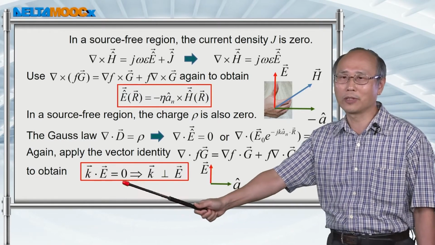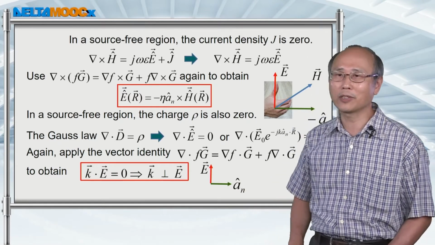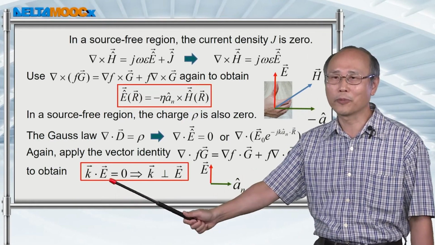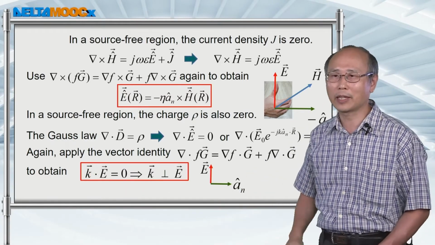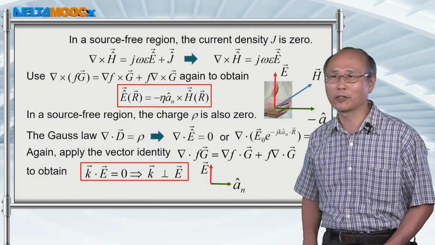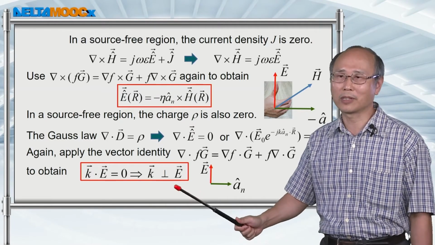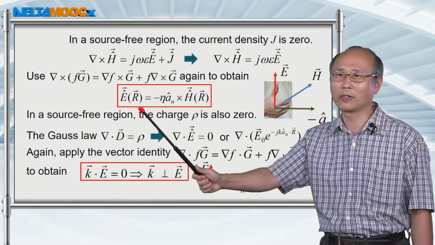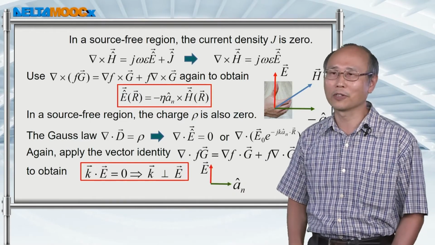This also tells you the directional relationship between k and E, because if you project k onto E, or project E onto k, you get nothing. So this means that k and E are perpendicular to each other. In fact, this conclusion has also been obtained from the previous expression, from which you can tell that E and k are perpendicular to each other.